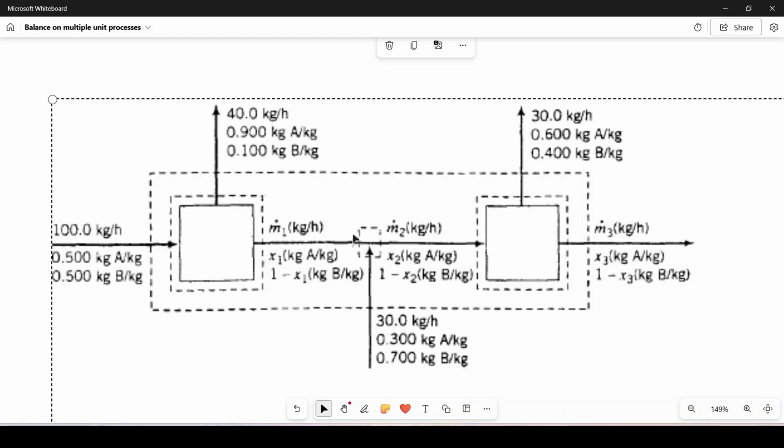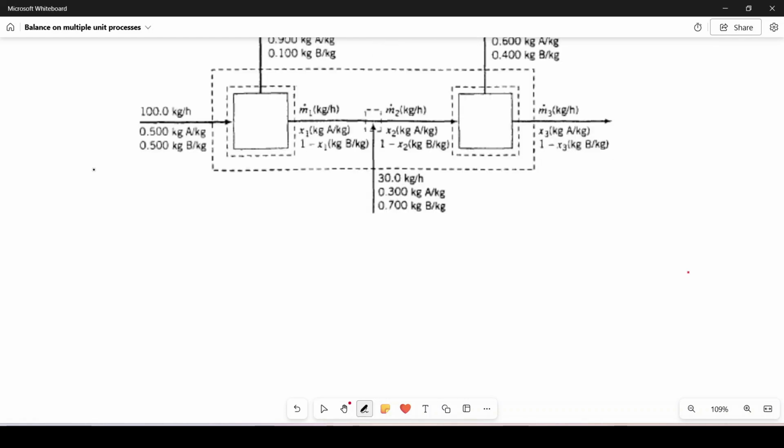So here we can also apply a sub boundary, or we can call it a subsystem, and similarly on the second one. So here we have four different boundaries. One is the overall system boundary. The second one is on the first unit process. The third one is on the mixing point, and the fourth one is on the second unit process.